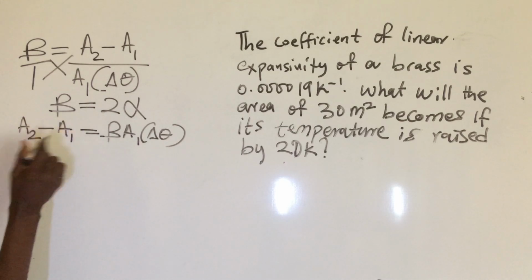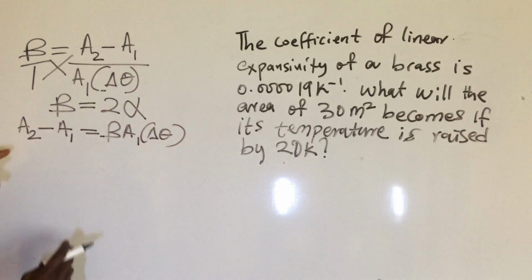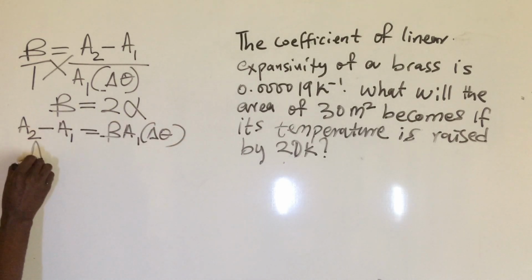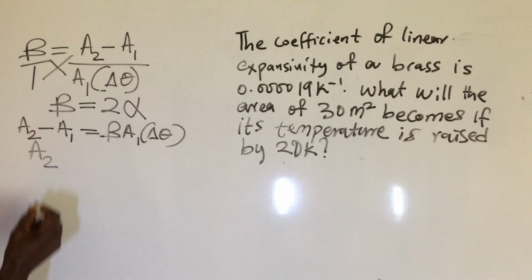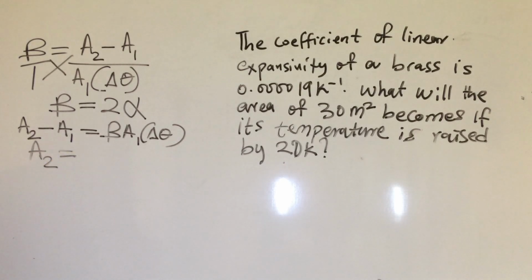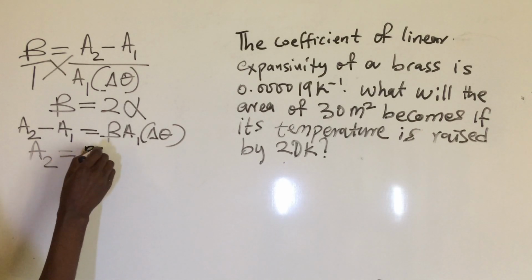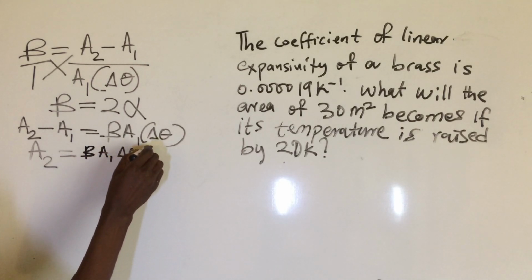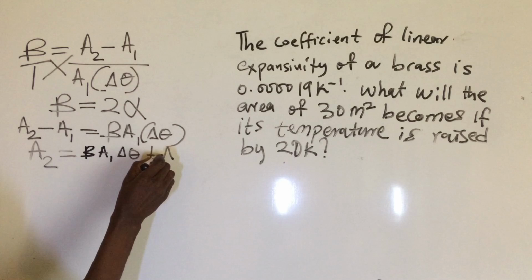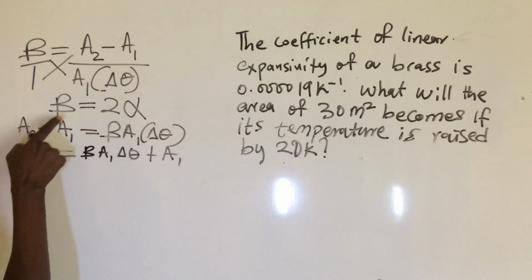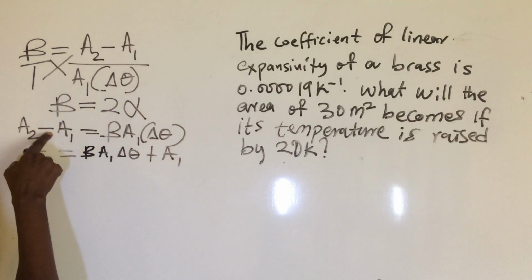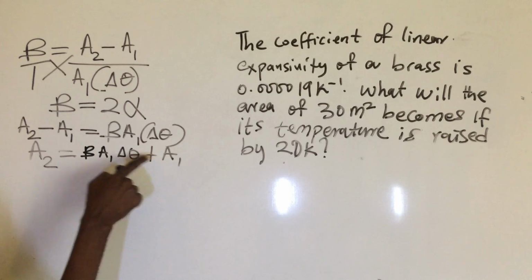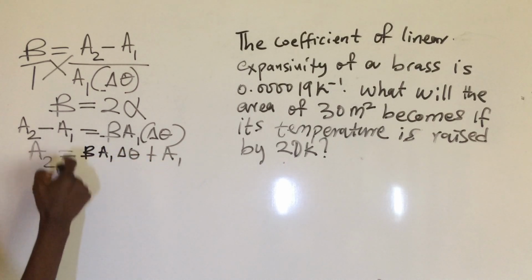Then let's take A1 to the other side, so we now have A2 equals beta A1 change in temperature plus A1. The sign changes to plus when it crosses the equality sign.